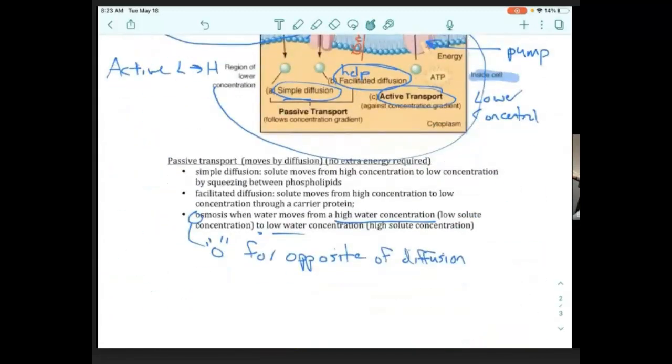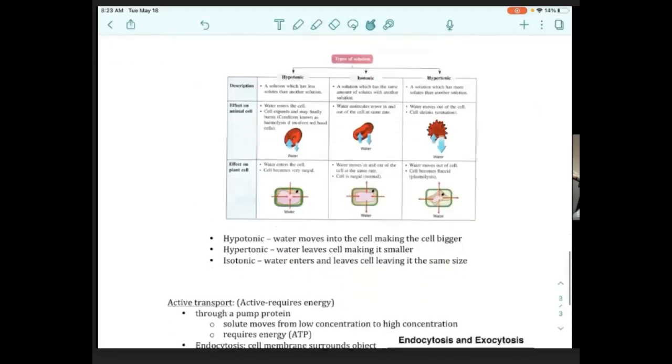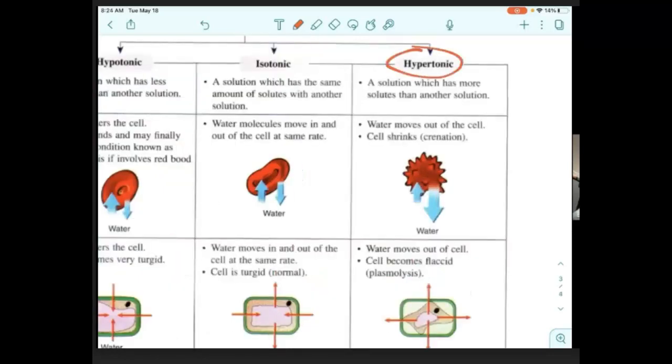Yeah, okay, got it. So we just highlighted osmosis as O for opposite. Okay. And then this next page has some pictures. Remember, water is what determines the shape of the cell because it's the most abundant molecule. So if water leaves, it shrivels the cell. So hypertonic, we said shrivels, the cell shrinks.